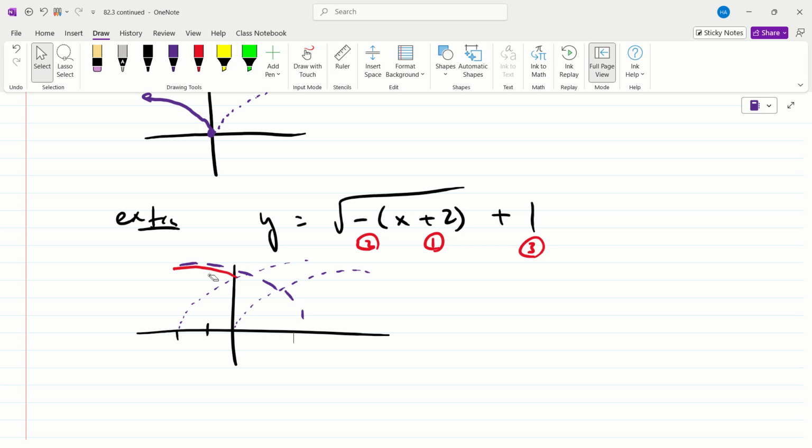And then finally, the plus 1 is going to take this graph and shift it up by 1 unit. So we get the following. Okay, so one step at a time goes a long way in keeping us safe.